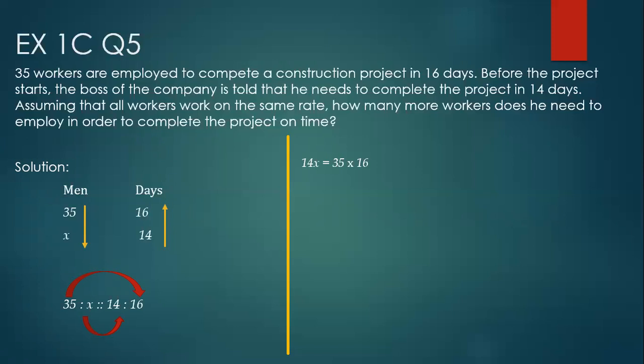This time I have written the value of x on the left hand side because it is easier for me to find the value of x like this. Since we have to find the value of x, we are going to take 14 as the denominator on the other side. 35 into 16 is 560, and 560 divided by 14 gives you 40. So the statement is that he needs 40 more workers to complete the same project on time.